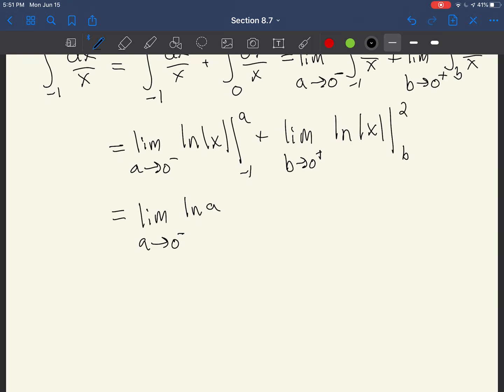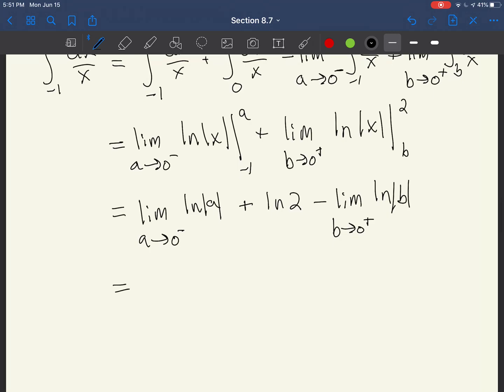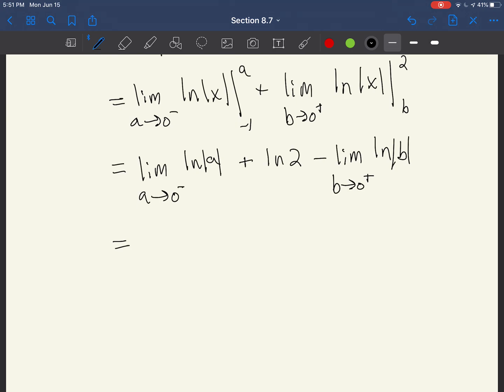That is the limit as a goes to 0 from the left of natural log of a, minus the natural log of 1, which is 0, plus the natural log of 2, which is some value, minus the limit as b goes to 0 from the right of the natural log of b, with absolute values in place.